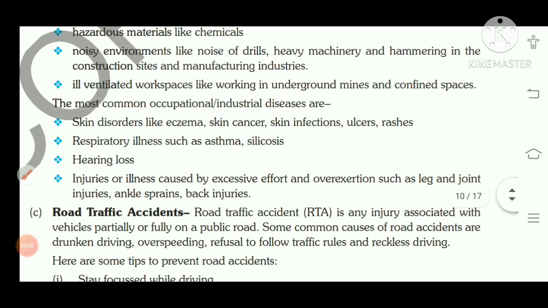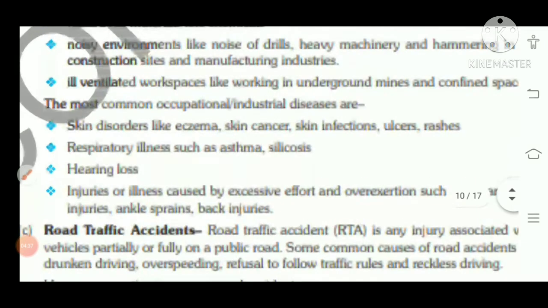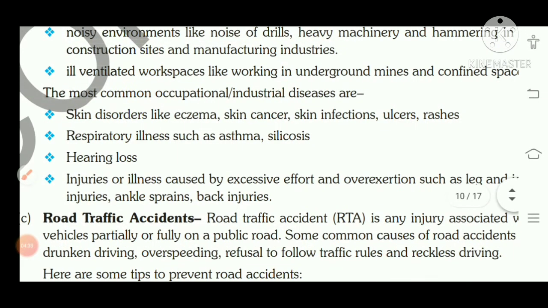The most common occupational industrial diseases are eczema, which is a skin disorder, skin cancer, skin infection, ulcers and rashes. These problems occur if we are working at these types of places.